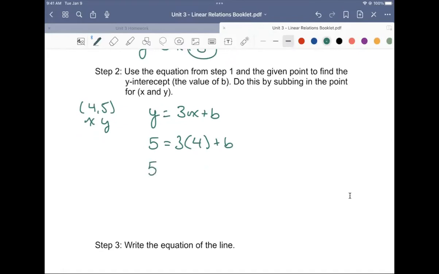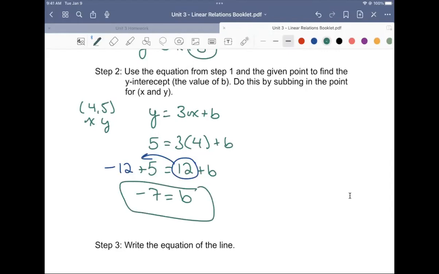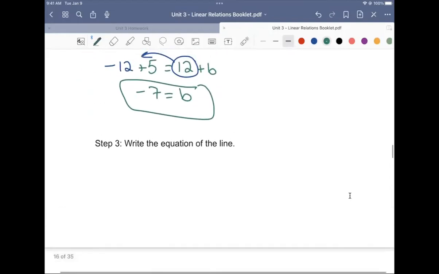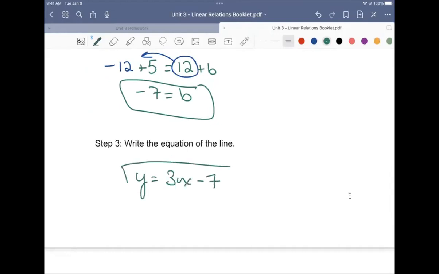So to do this, it's going to be 5 equals 3 times 4 is 12 plus b. Move this to the other side, so I get negative 12. That's a positive 5. If I do the math there, negative 12 plus 5 is going to give us negative 7 is equal to b. So now I know that my y-intercept is negative 7. So if I write out my final equation, I will get y is equal to 3x minus 7, and then I am done.